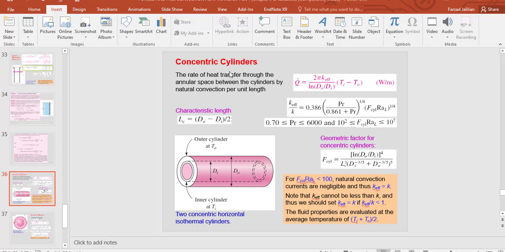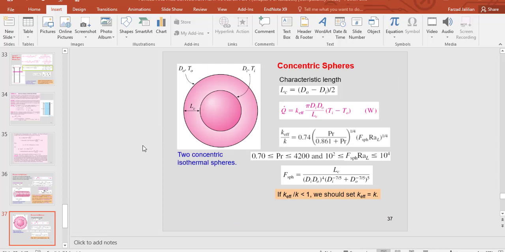So for the concentric cylinders, you can use this equation to find the rate of heat transfer by natural convection. And also for concentric spheres, again we have a similar equation to find the rate of heat transfer by natural convection.